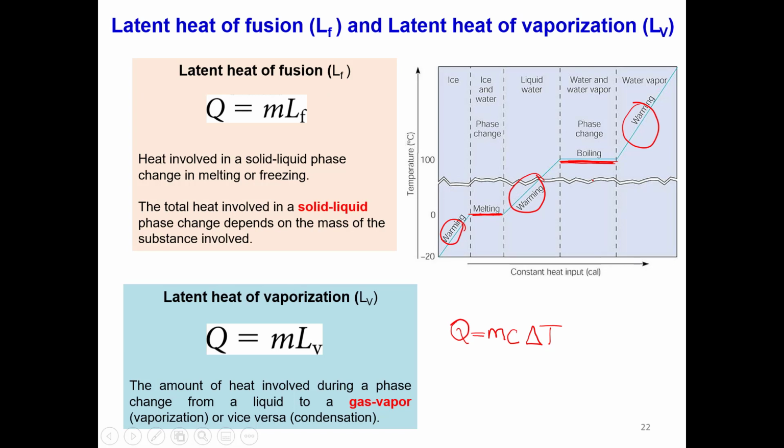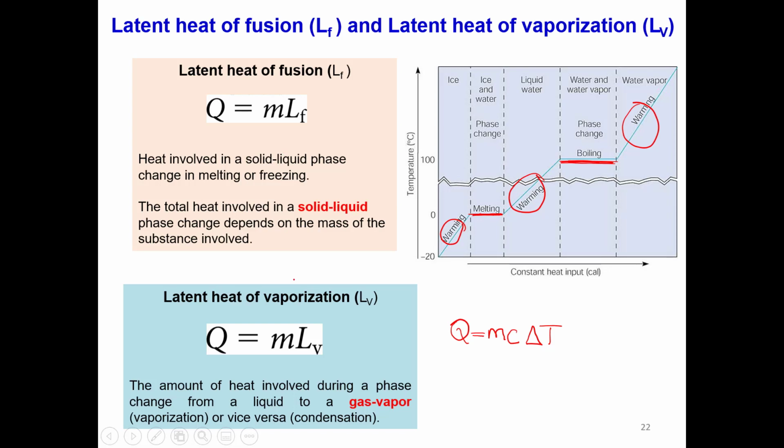If we need to calculate the amount of heat needed to change the material from liquid to gas, vapor, or vice versa, then we will use the latent heat of vaporization.